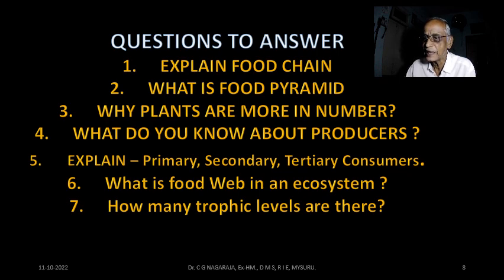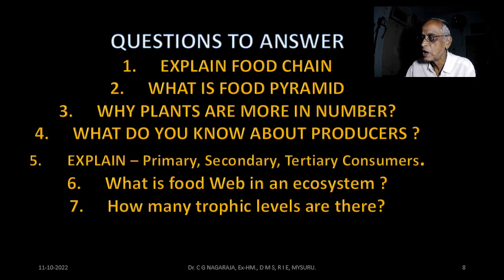If you look at the animals and the plants in the ecosystem, normally plants are in greater number. Even in the plant, the food manufacturing unit called leaves will be greater in number. Millions and millions of leaves can be seen in one plant. Why is their number so? You can try to answer that.